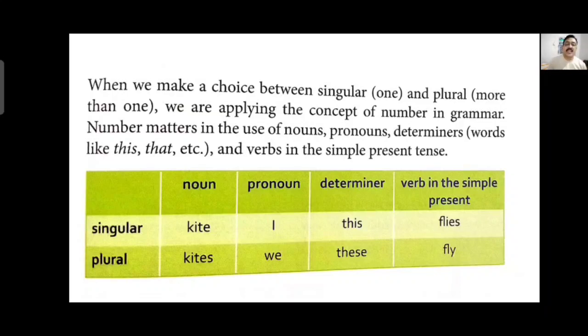In the second case, plural, when we see the noun in plural form, kites, plural pronoun we, plural determiner these, then you can see the verb always remains in simple present tense without using any S, ES or IES. It always remains as it is, in the original form or base form, you can say fly. There is nothing added to the verb fly.